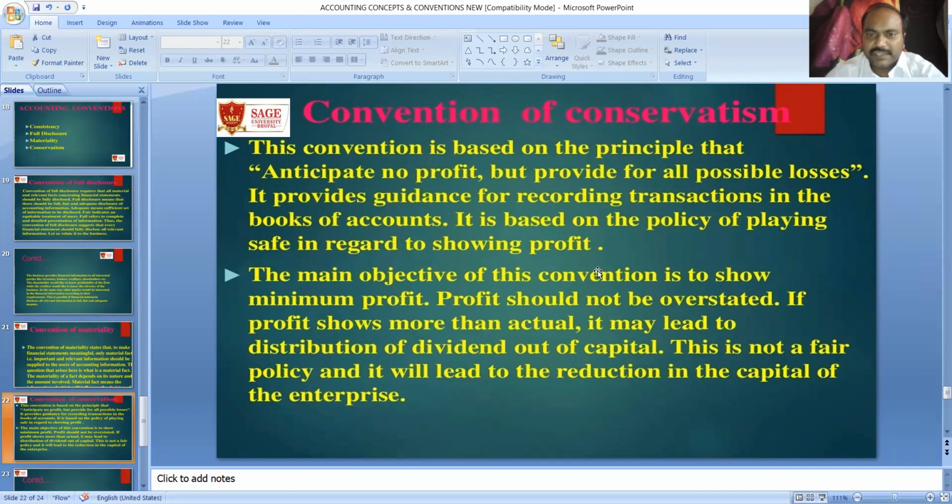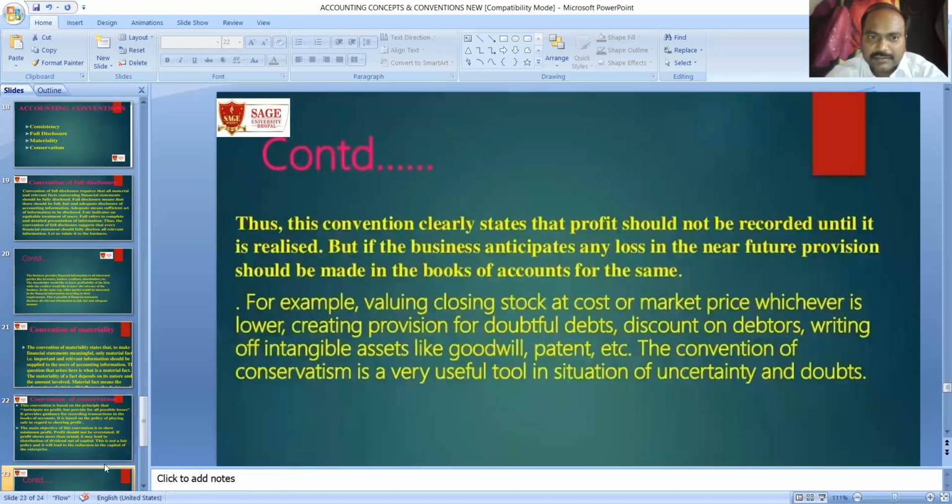The main objective of this convention is to show minimum profit. So profit should not be overstated, and if profit is shown more than actual, it may lead to distribution of dividend out of capital, and this is not a fair policy, and it will lead to the reduction in the capital of the enterprise. Thus, this convention clearly states that profit should not be recorded until it is realized.